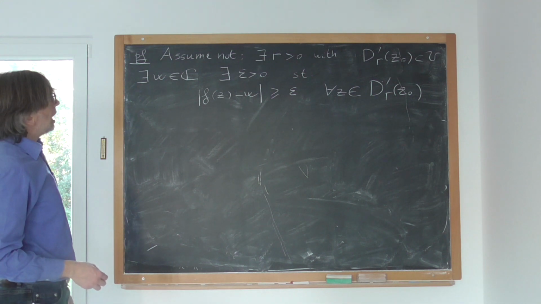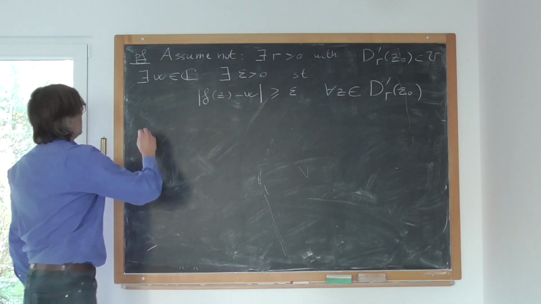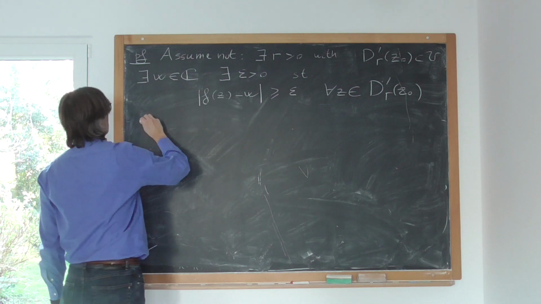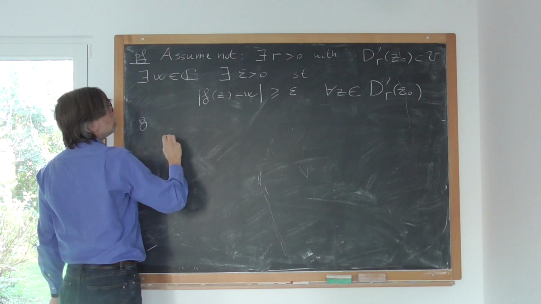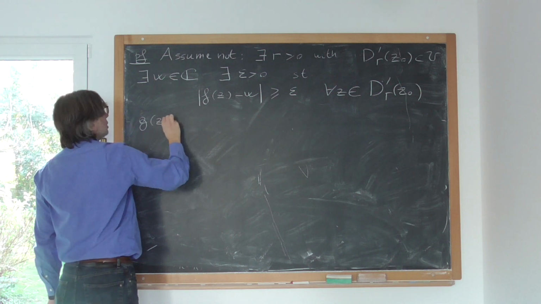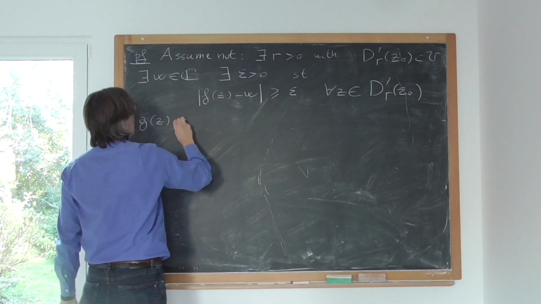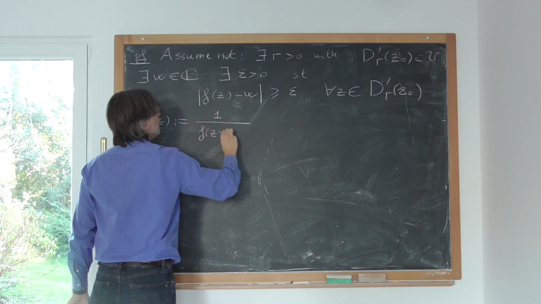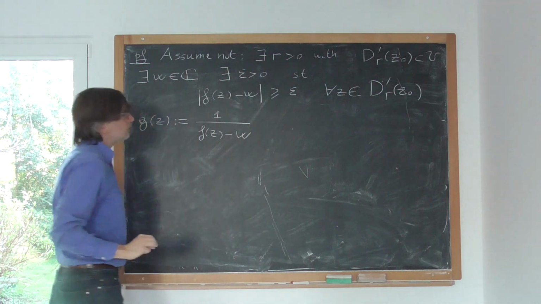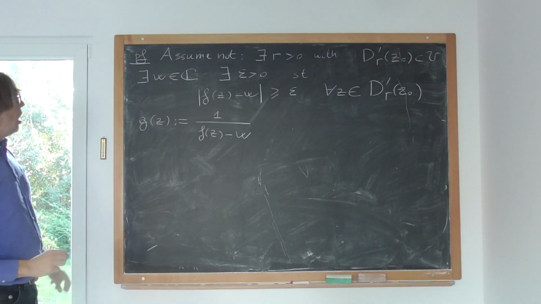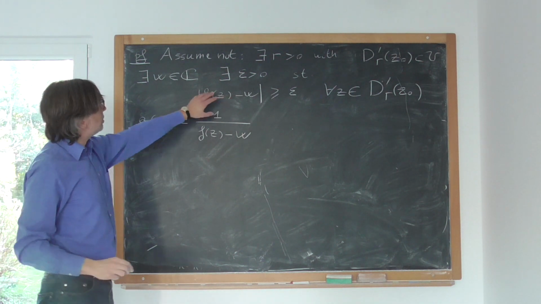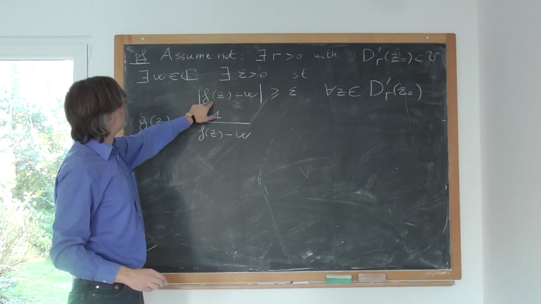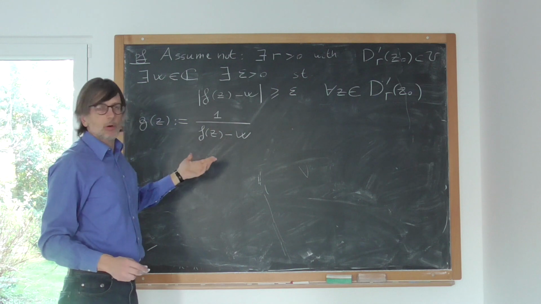Okay. In this case, we can define a new function g. g of z, we will define it as 1 over f of z minus w. So, by this assumption, in particular, in this punctured disk, the difference f of z minus w is never 0.